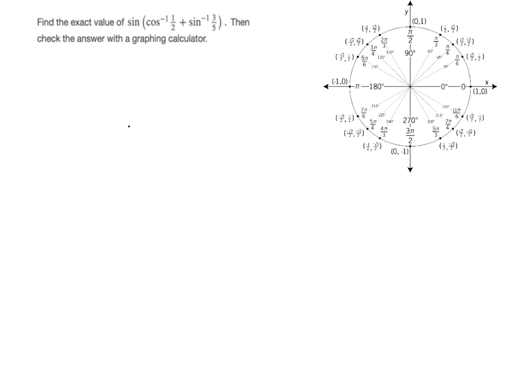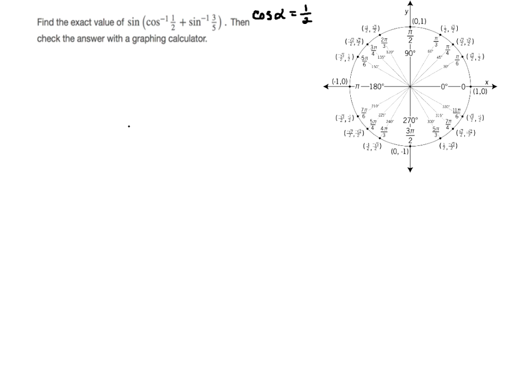Okay. So just a quick jog to your memory here: if we have the arc cosine of 1/2, that means that the cosine of alpha had to equal 1/2.